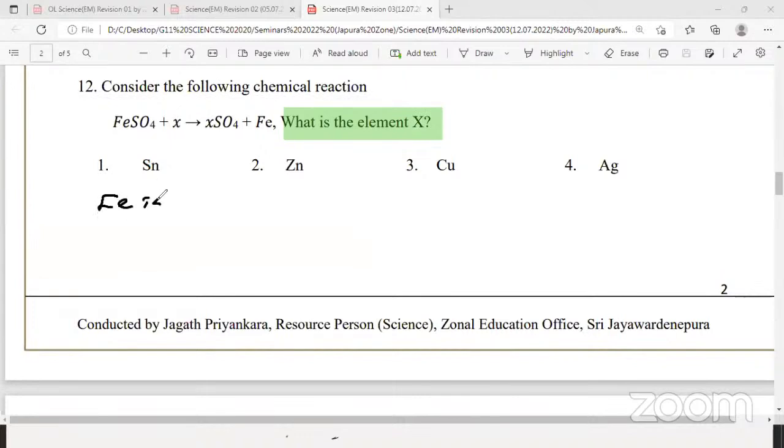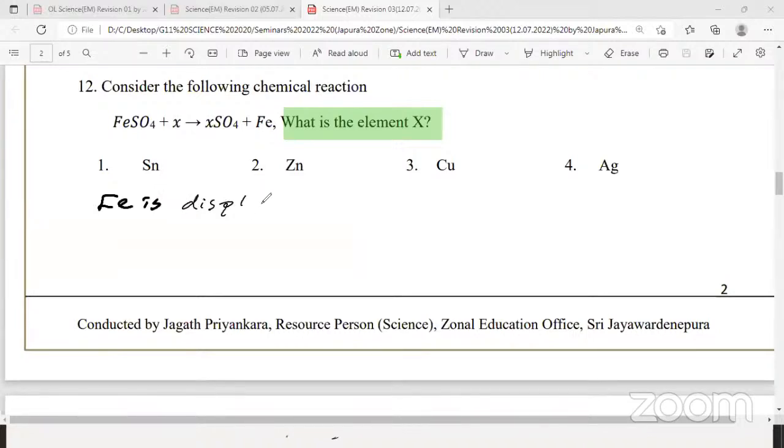Fe is displaced by whom? Iron is displaced by X. That means X has to be more reactive than iron.